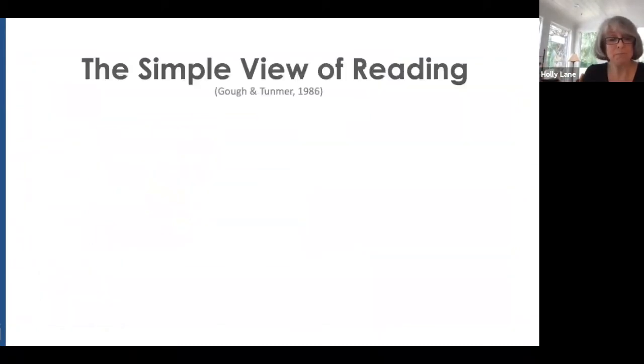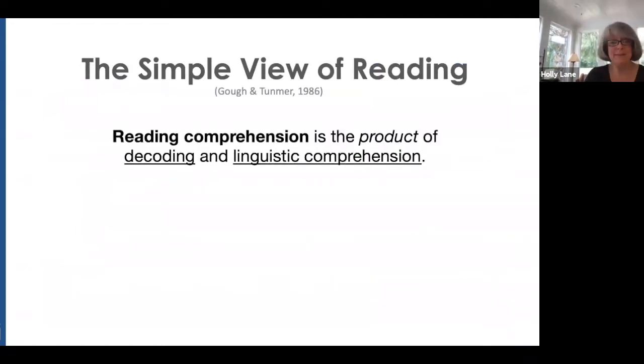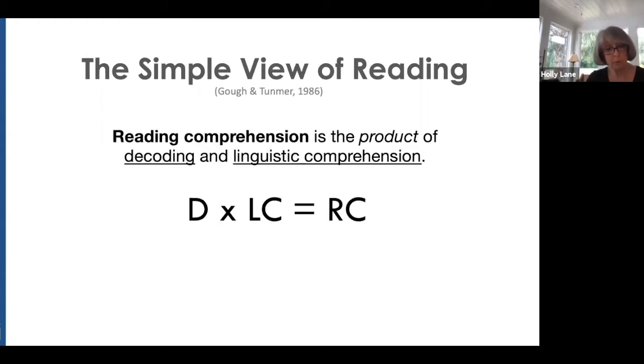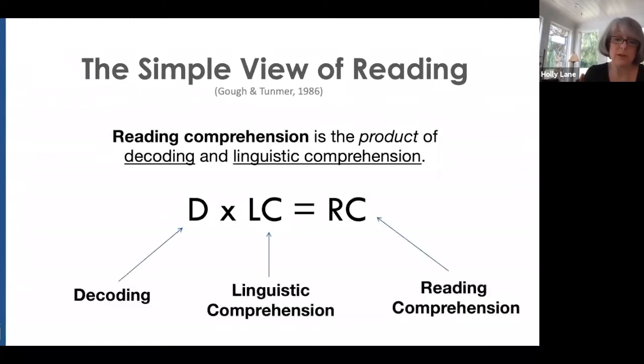So also in terms of thinking about this conceptually, you are probably familiar with the simple view of reading, this idea that reading comprehension is the product of decoding and linguistic comprehension, often depicted as a mathematical formula, hence the word product. We multiply decoding and linguistic comprehension to get the outcome of reading comprehension.